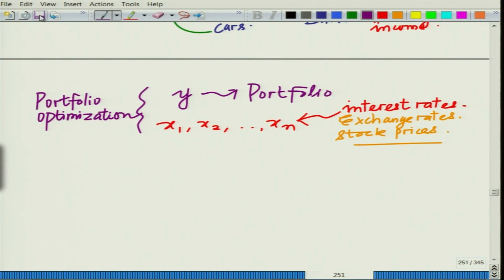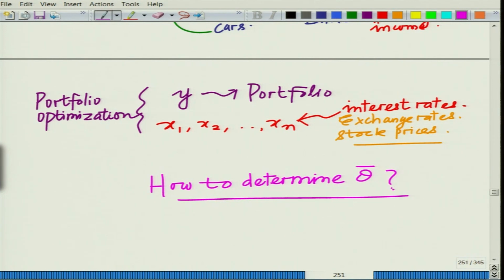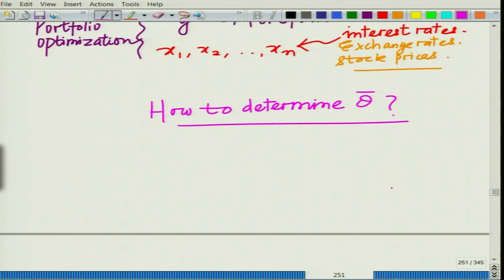Now, once again we can ask the question: how to determine the regression coefficients theta bar, because if you know theta bar, then given any explanatory variable vector x bar, one can predict the response y.